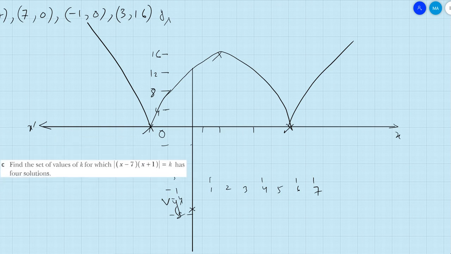Now see this part. Find the set of values of k for which the absolute value of (x - 7)(x + 1) is equal to k has 4 solutions.